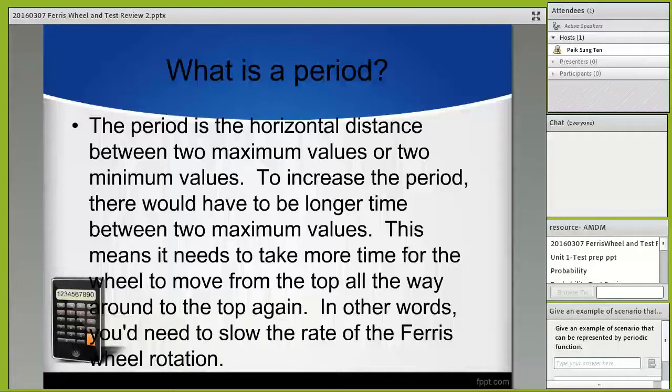In other words, you need to slow the rate of the Ferris wheel or slow the rate of your bicycle wheels, or anything that can be modeled by periodic functions. Anything that goes and comes back, the wave, the clock.